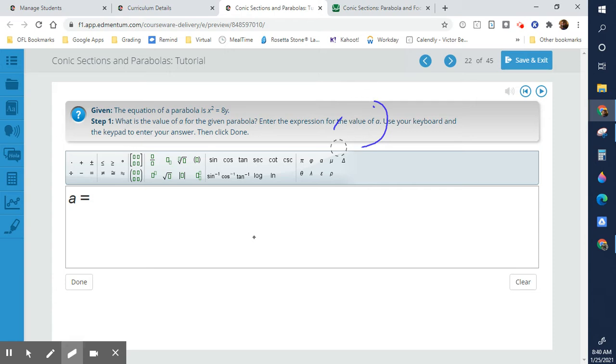All right. So what I'm going to do here is, since I'm using an x squared, we're just going to do the formula. So you don't have to write it down every single time. After a while, you'll get used to it. X squared equals 4p(y - k).